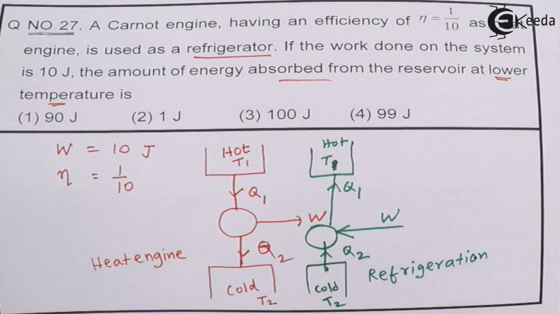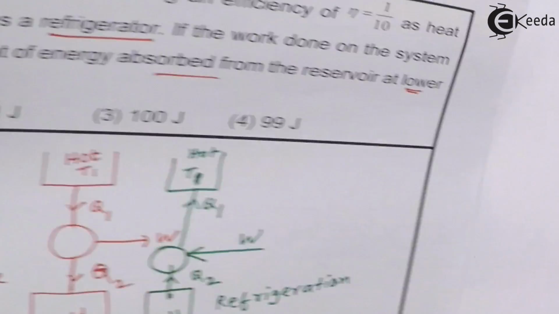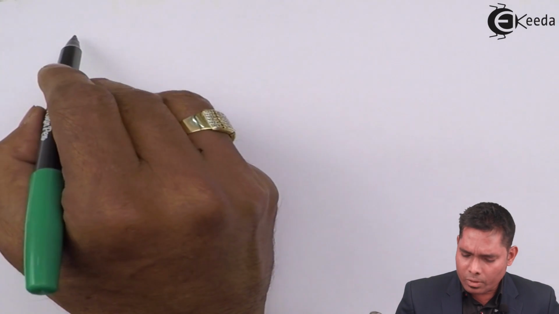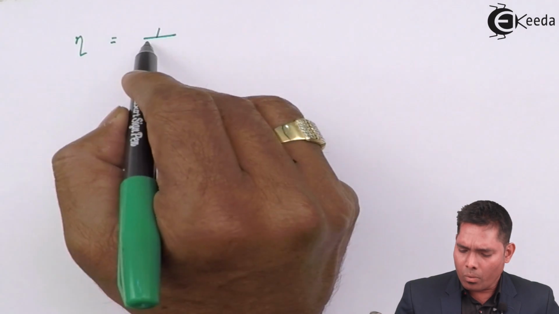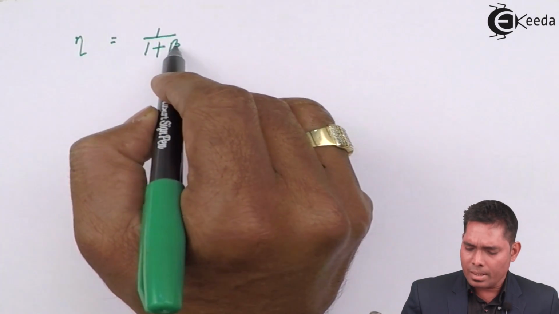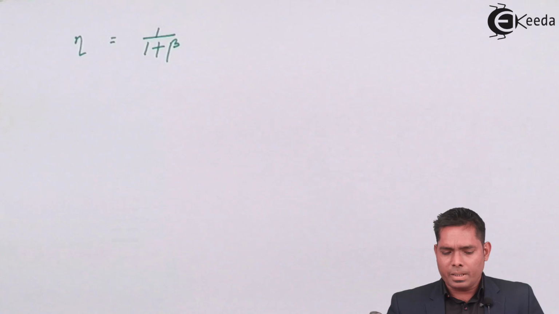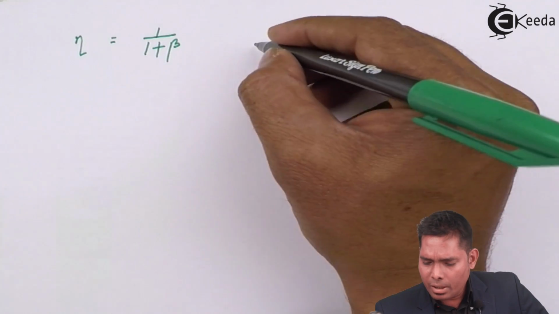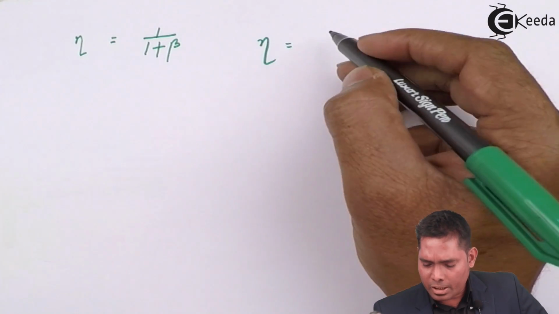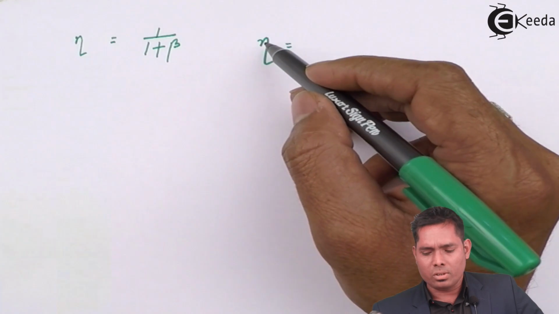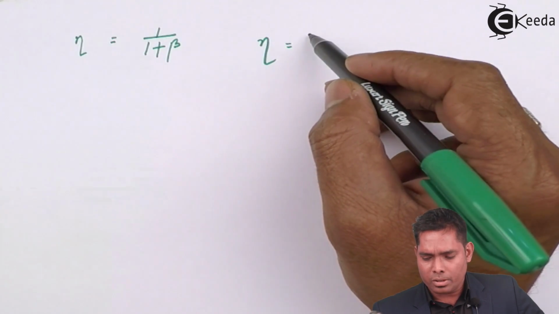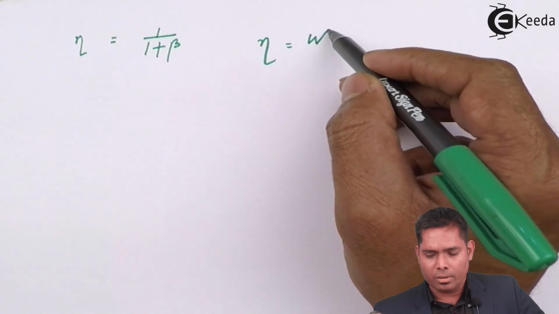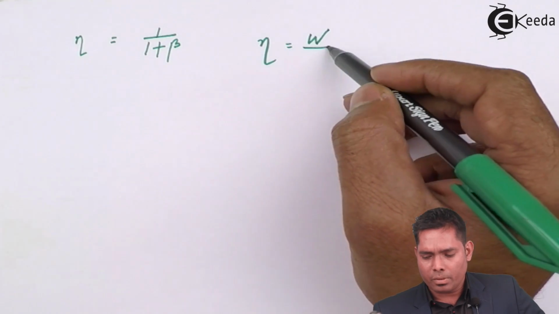Now what is the efficiency or coefficient of performance, and how are they related? The efficiency of a heat engine is related to the coefficient of performance like this. This beta is called the coefficient of performance. Eta is used in the case of a heat engine; efficiency is output divided by input. What is the output, what is the desire? The desire is the work done. What is the input? It was Q1.